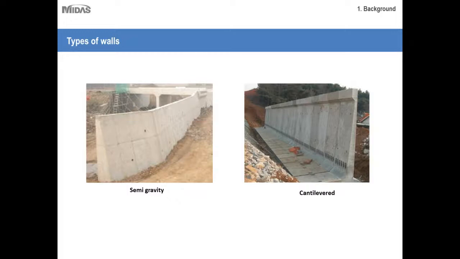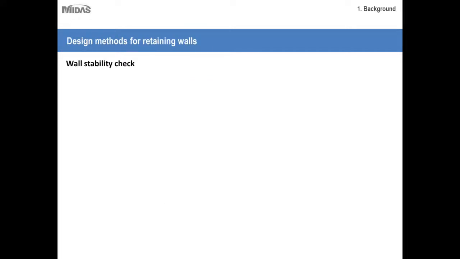So there we use a fully reinforced concrete cantilevered wall. As you can see, it is just standing on the heel and toe arrangement, and it is like a cantilever, hence the name cantilevered wall. So these were the most common types of retaining walls.